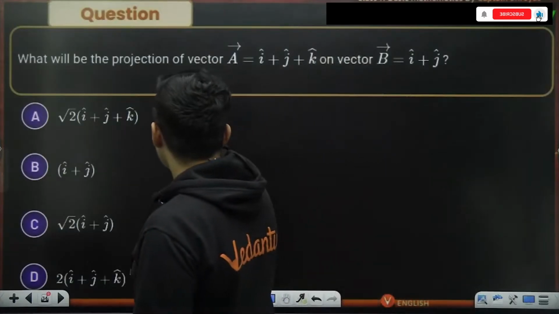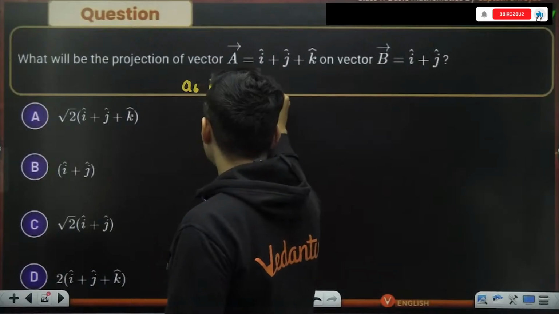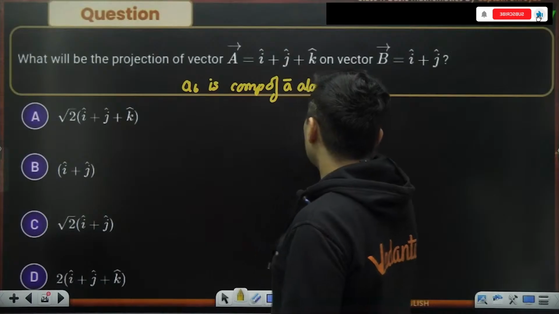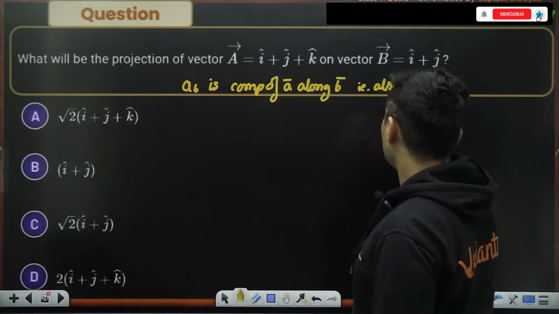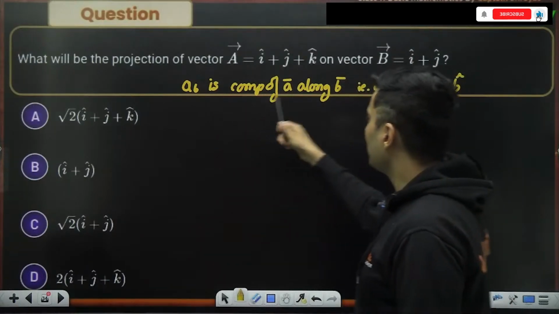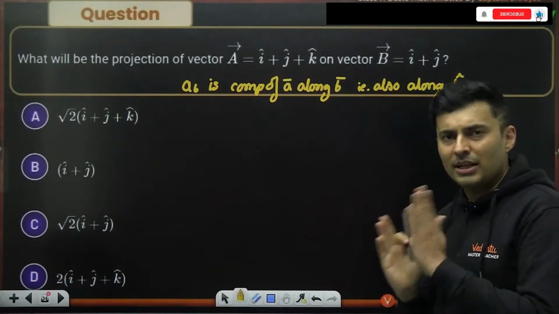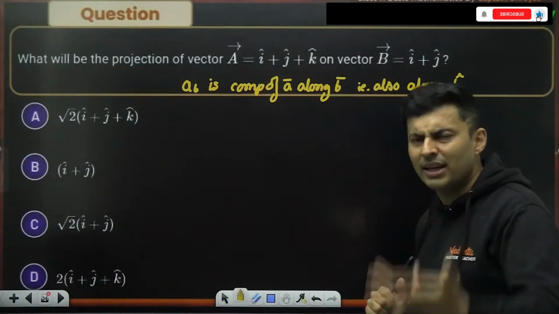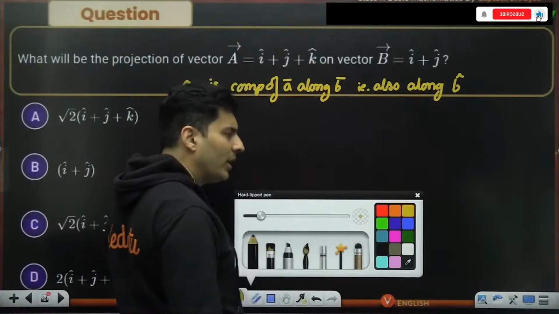I know one thing: A of B is the component of A along B, that is also along B hat. The component of A along B, but B and B hat are in the same direction only. So whether you find A along B or you find A along B hat, it's one and the same thing at the end of the day. So then what is your point, sir?